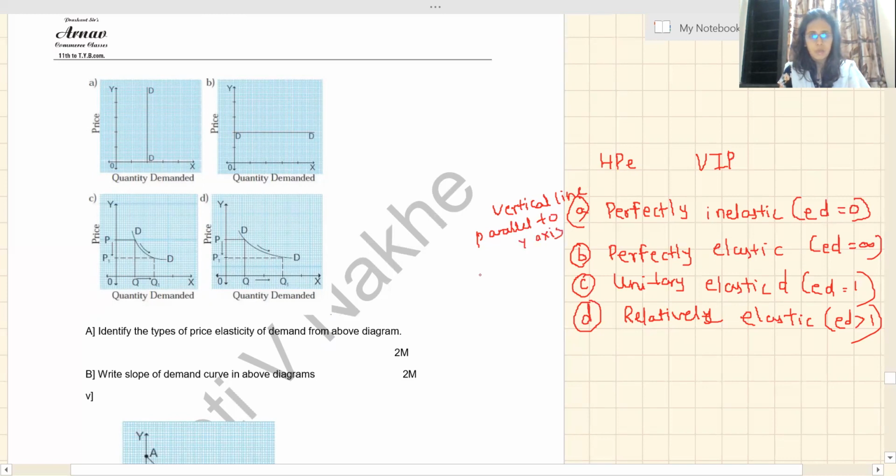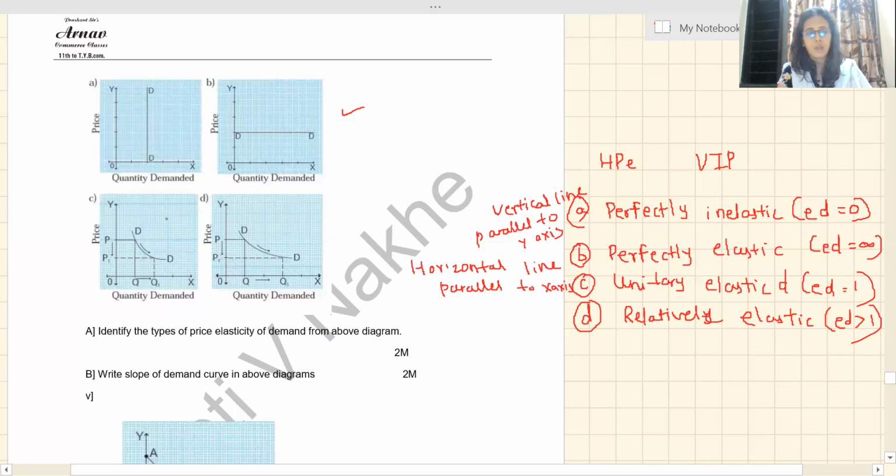Y-axis. Here you will write horizontal. I'm talking about this diagram now. The demand curve is a horizontal line parallel to the x-axis.